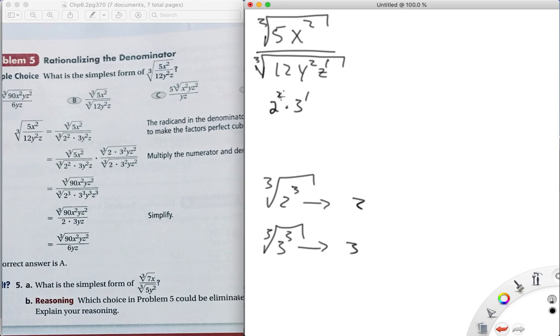So this number here tells me how much more I have to multiply to get to 2 to the third power. If I have 2 to the second power, I have to multiply it by 2 to the first power. If I have 3 to the first power, I have to multiply it by 3 to the second power to get 3 to the third. That's the point. So I have to get it in a perfect form for this to happen.